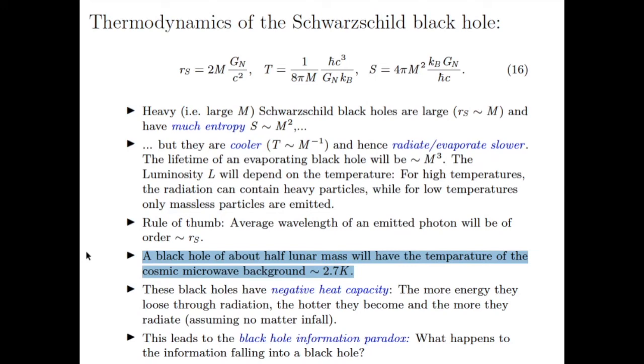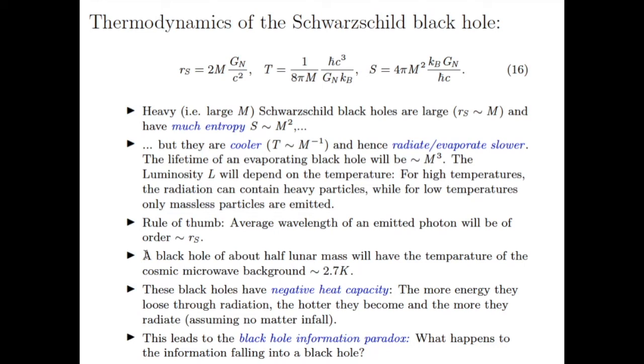They would gain more energy from absorbing radiation from the microwave background than they would lose by their own Hawking radiation. So if you want for such a black hole to even start radiating and decaying, you would have to wait for the expansion of the universe to dilute the microwave background so much that even that temperature is lower than the Hawking temperature.